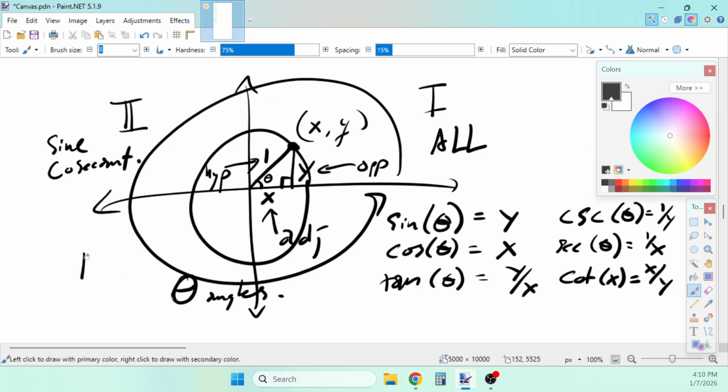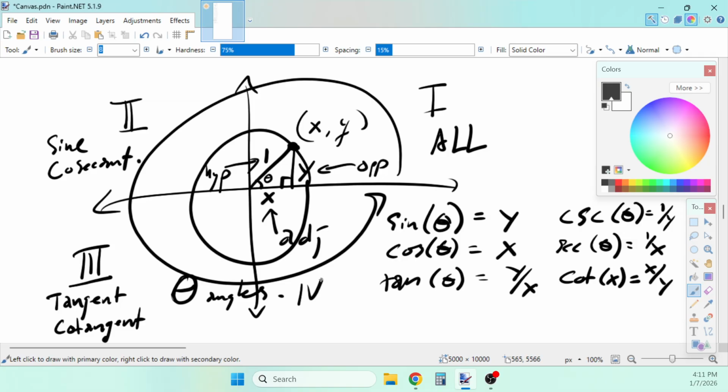In quadrant 3, all of our variables are negative. So sine, cosine, cosecant, and secant all are negative. But the tangent and the cotangent have both variables, and the two negative signs cancel each other out, leaving us with a positive.